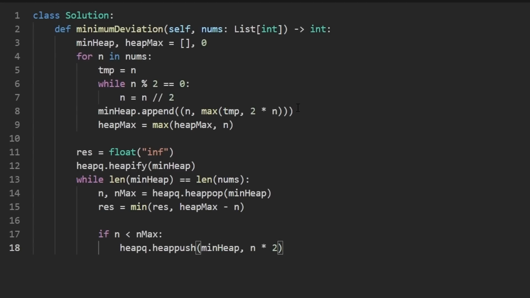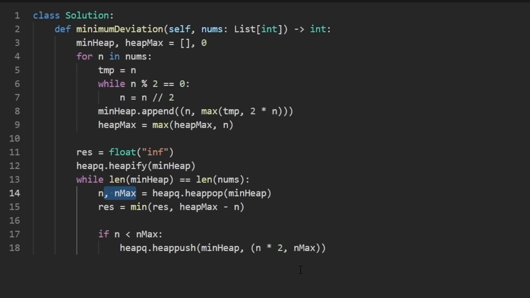But don't forget, we have a pair of values on that heap. We're not just storing a single value, so let's make this a pair. We're going to store the original value multiplied by 2. That's the first value. And the second value is just going to be what its max was. That's not going to change. The maximum it's allowed to be is not going to change. So we're just going to append the same value.